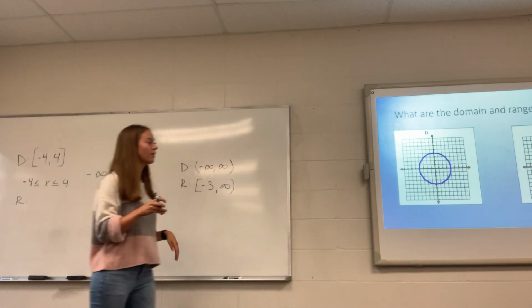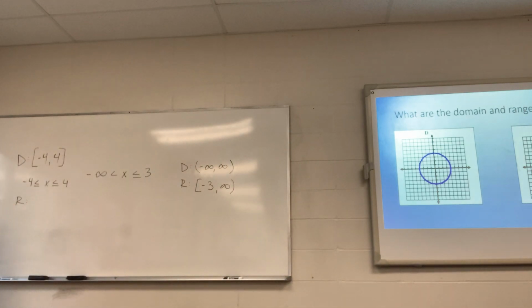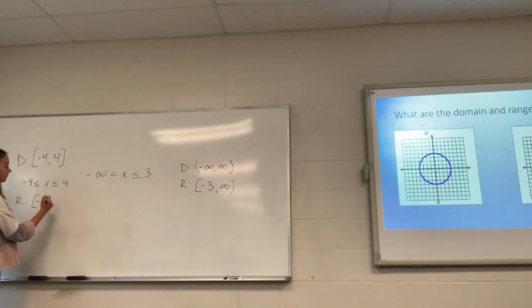Yep, -4. And then, Kaden, what's my top point? 4. Okay, so then what would I write for my range, Kaden? Bracket, -4, and then positive 4.